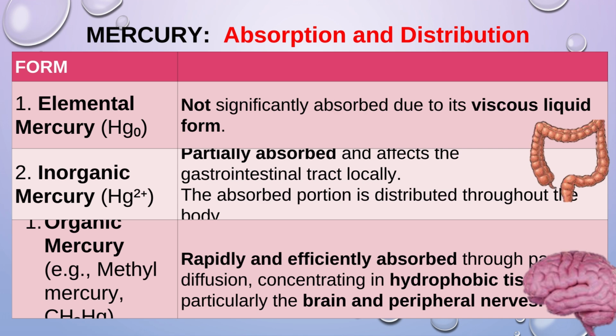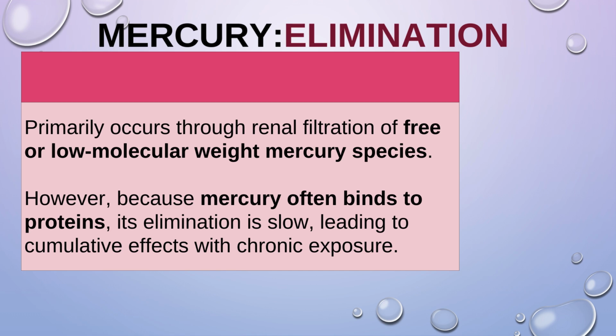Organic mercury is rapidly and efficiently absorbed through passive diffusion, and it tends to concentrate in the brain and peripheral nerves. So, how is it eliminated? Through renal filtration of free or low molecular weight mercury species. However, because mercury often binds to proteins, its elimination is slow, leading to cumulative effects with chronic exposure.